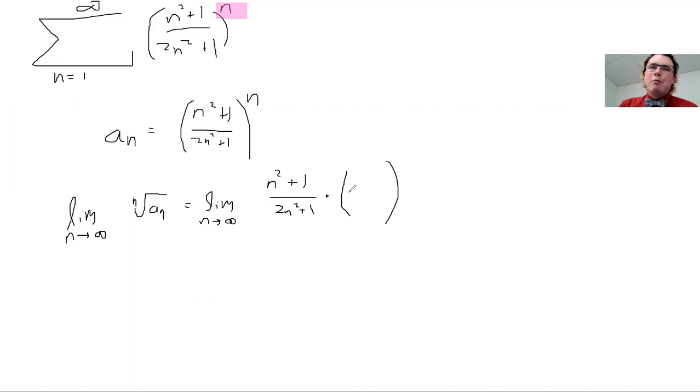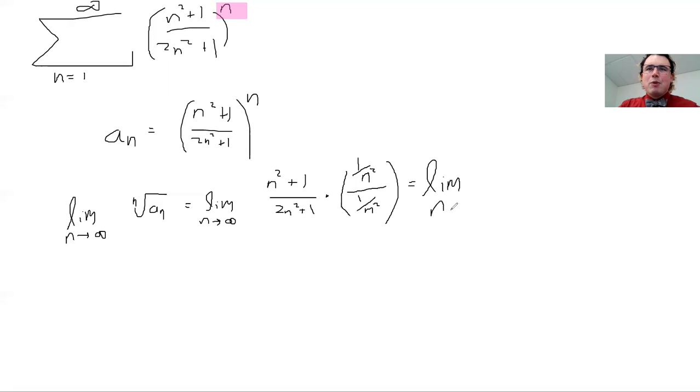I just want to rewrite its formula in a slightly more convenient way. So I can get that job done by multiplying the numerator and denominator both by 1 divided by n squared. It's the same on the numerator and the denominator, so I don't actually change the value of this formula. I'm just shuffling things around a little bit.